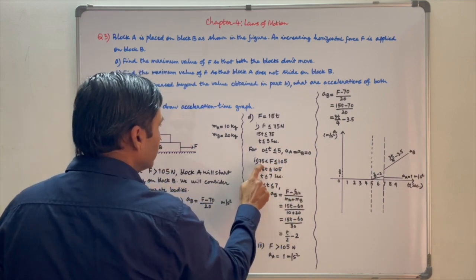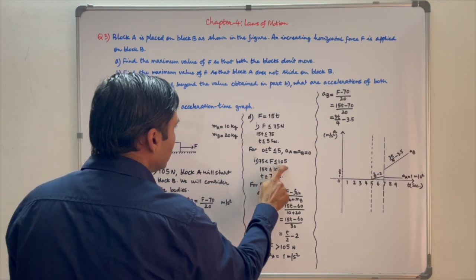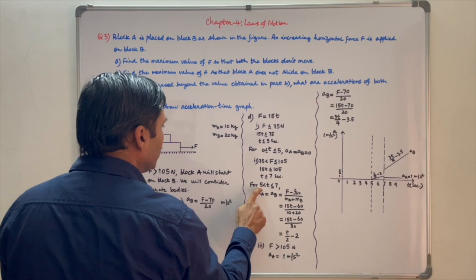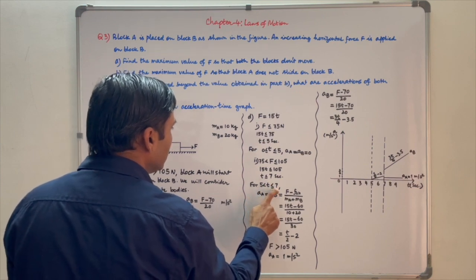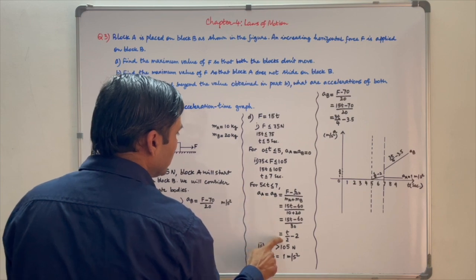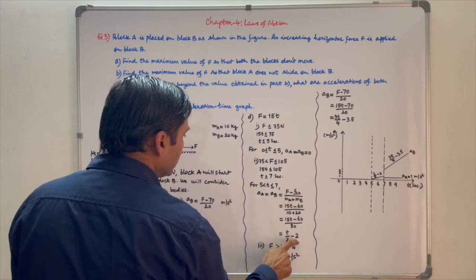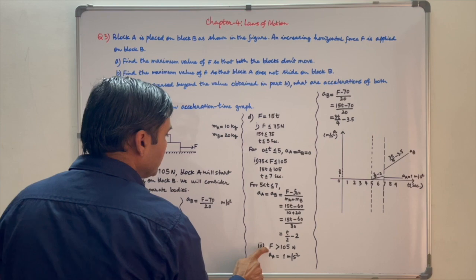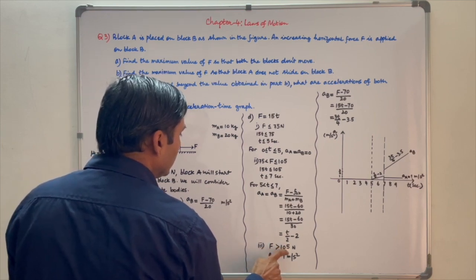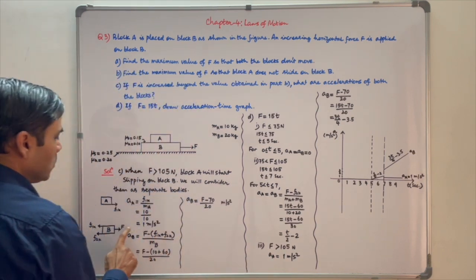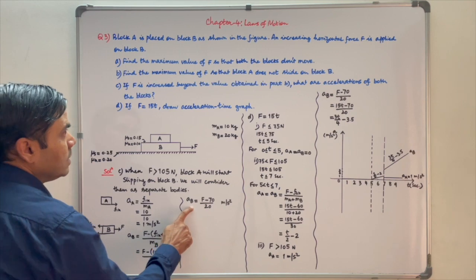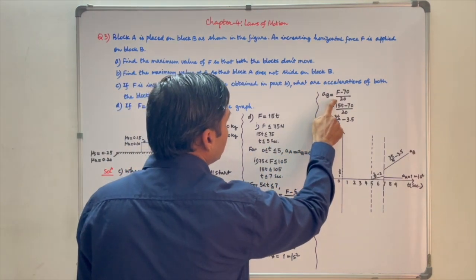When F is greater than 75 Newton but less than 105 Newton, that means between time interval t is equal to 5 seconds to t is equal to 7 seconds, both the blocks are moving together and their acceleration is given by the formula t by 2 minus 2. When F is greater than 105 Newton, block A starts slipping on block B. Acceleration of block A is equal to 1 meter per second square and acceleration of block B is equal to (F minus 70) upon 20.